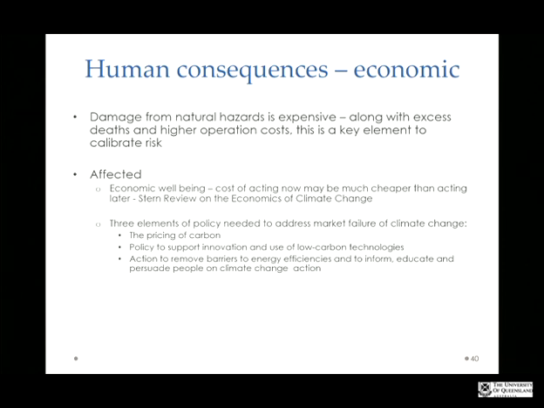So instead of having vested interest, for instance, in the oil and gas fields, saying, well, we've got enough oil and gas for another 100 years, we'll just finish that off before we change over to something else, you actually reward people who use low carbon technology. And also you needed to remove barriers to energy efficiency and to educate people about climate change, so that they would be happy to move in the right direction, adopting these new technologies.